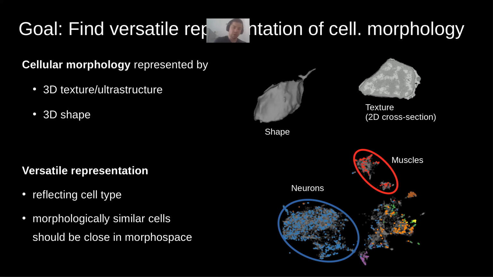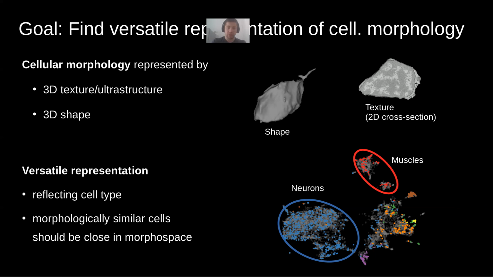Based on the texture and the shape, we want to compute a feature vector of the cell that is reflective of the cell type. And when we process all the cells of the animal, we want to create essentially a feature space in which cells of similar morphology are close to each other, and cells of dissimilar morphology are further apart.